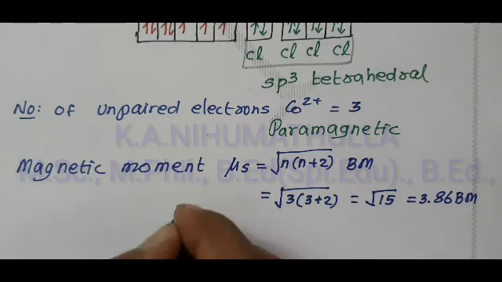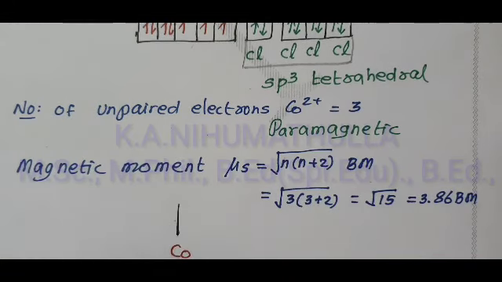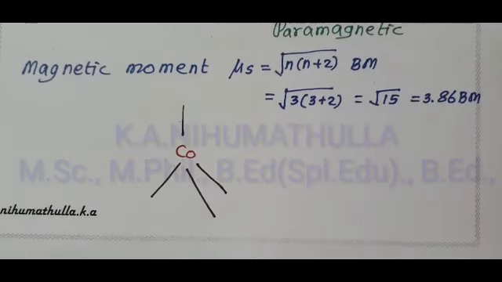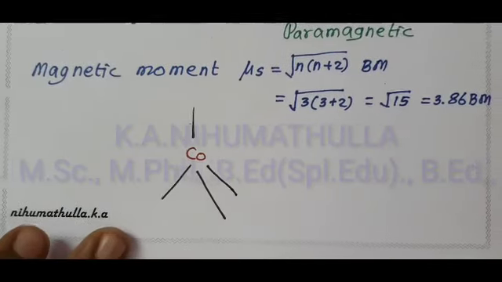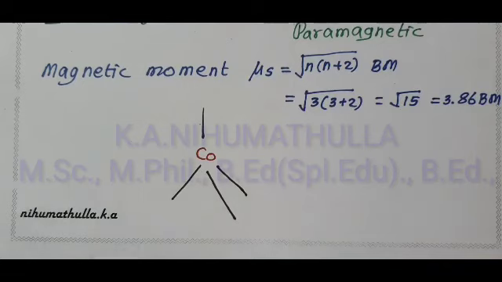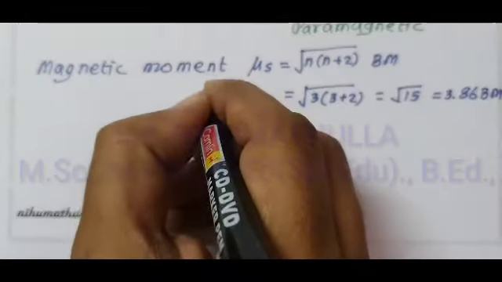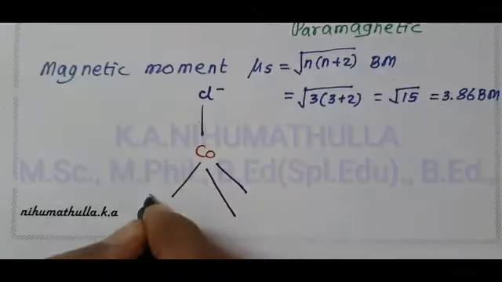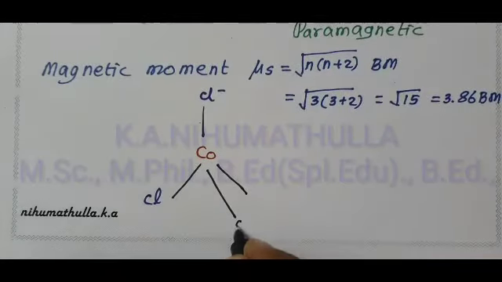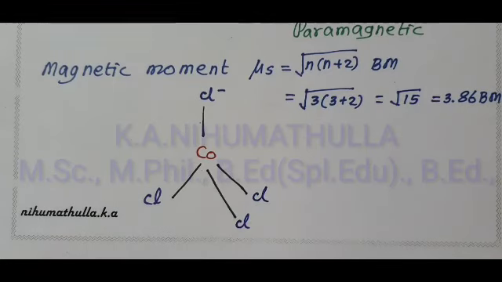One ligand above the plane, 3 bonds in the same plane and one bond perpendicular to the plane. This is [CoCl4]. What are the ligands we have? All the ligands are chlorido, Cl-, four of them.